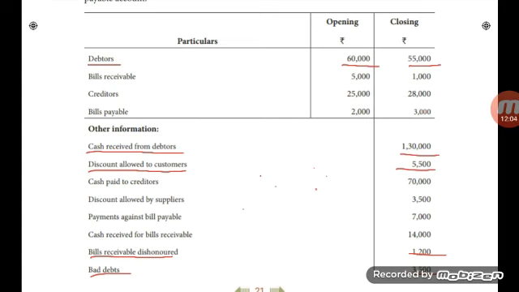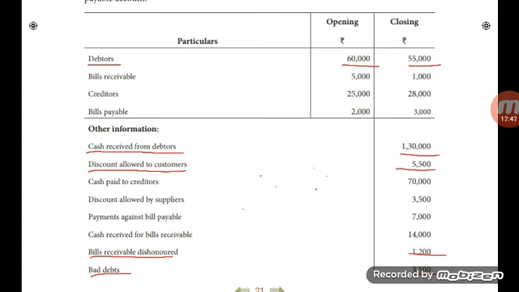Okay, shall we do? First enter the opening balance as to balance brought down, amount 60,000. Then all other items on the opposite side. By cash received from debtors, 1,30,000. By discounts allowed to customers, 5,500. Then by bad debts, children, bills receivable dishonoured is on the opposite side, that means on the debit side. Next item is bad debts.